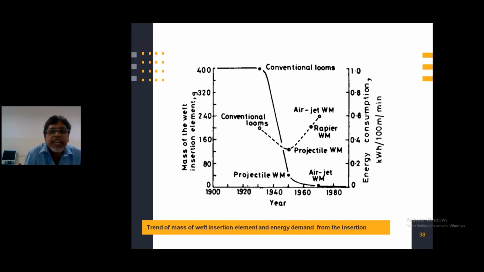So for the conventional loom, 40 grams carrier weight, projectile 400 grams carrier weight, and almost negligible weight as far as the carrier is concerned.